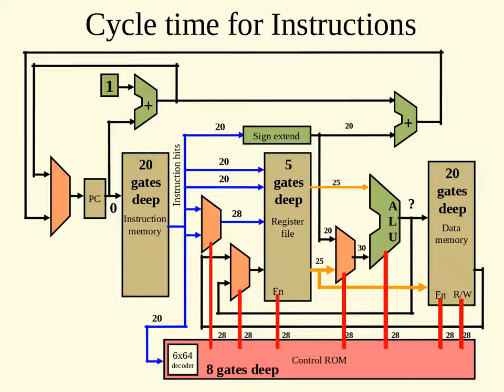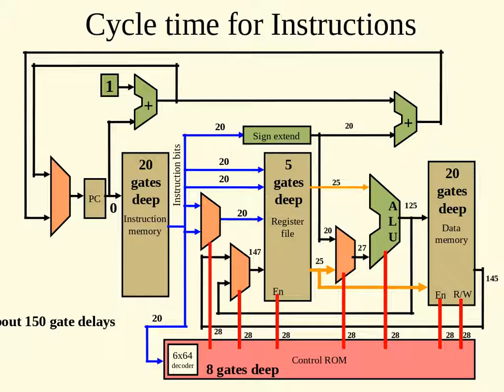We'll just say it's another 100 and then goes back. Okay. So then how long does the add instruction take? Roughly 140, 150, because it's got to look at the critical path.